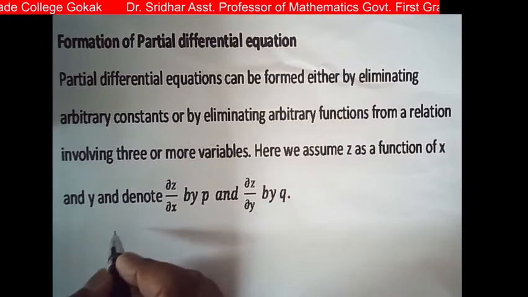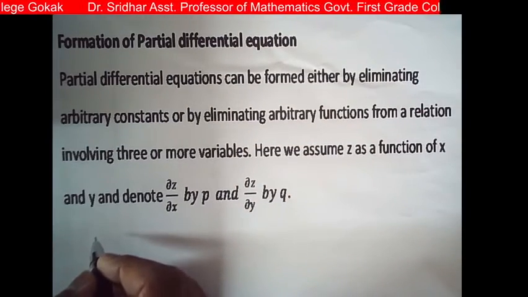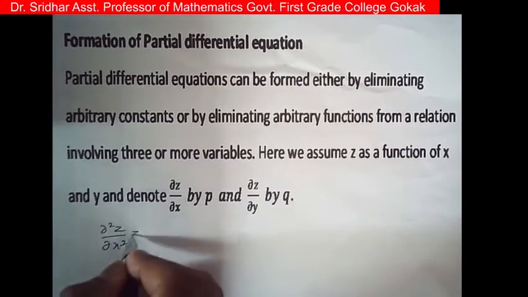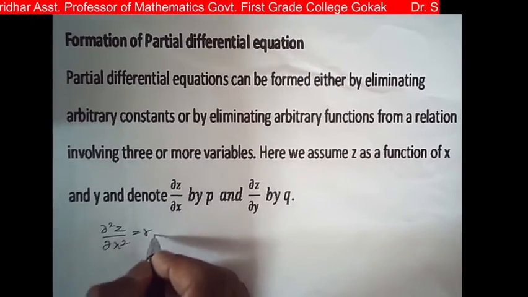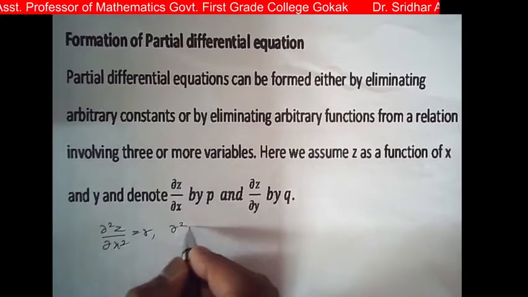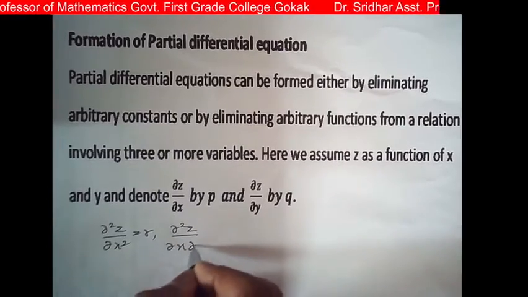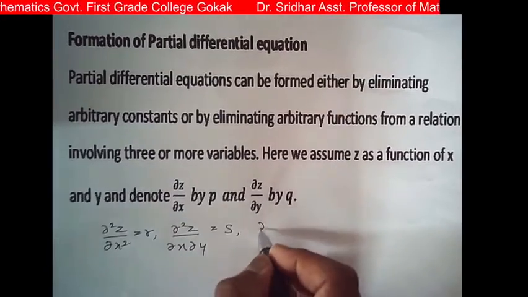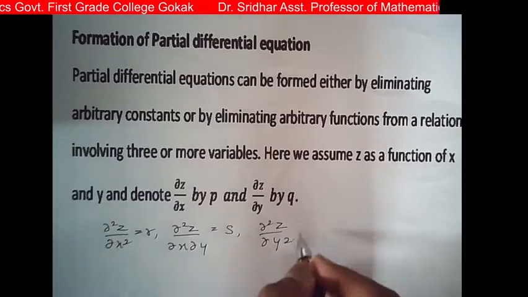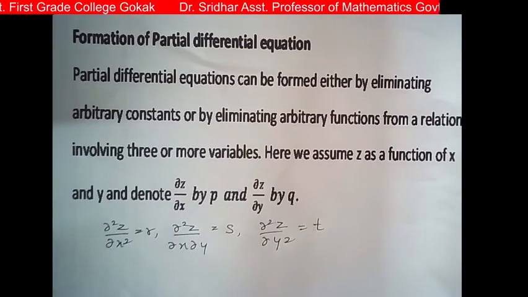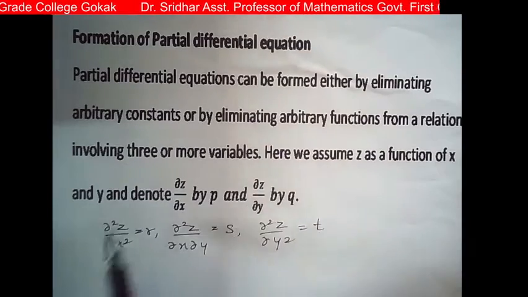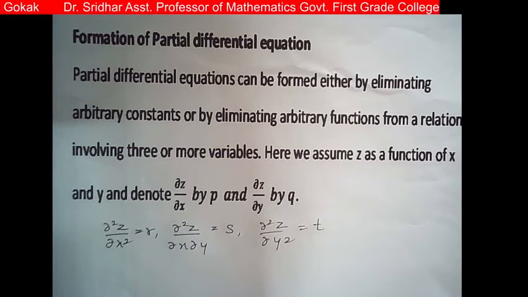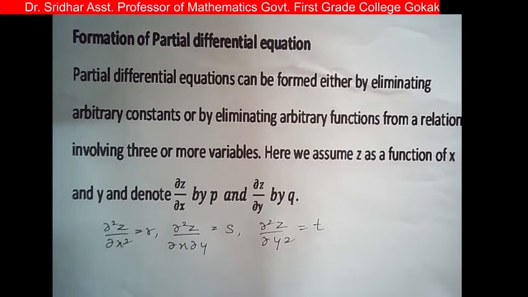Similarly, we have other notations. Dou square z by dou x square is equal to R. Dou square z by dou x dou y is equal to S. Dou square z by dou y square is equal to T. All these notations we use while solving a problem or while forming partial differential equations.